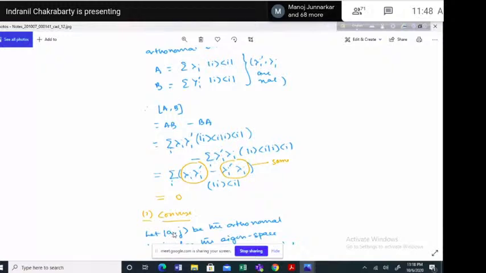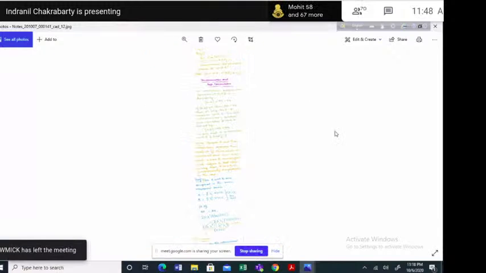I was characterizing it by these vectors |a, j>, where a is the eigenvalue, and j is the index to determine the degeneracies.